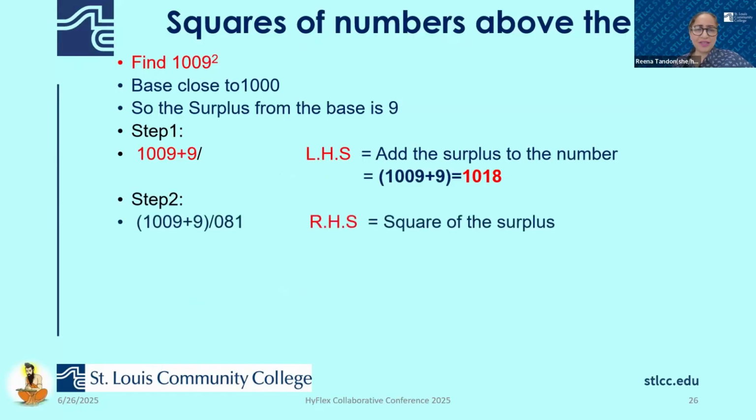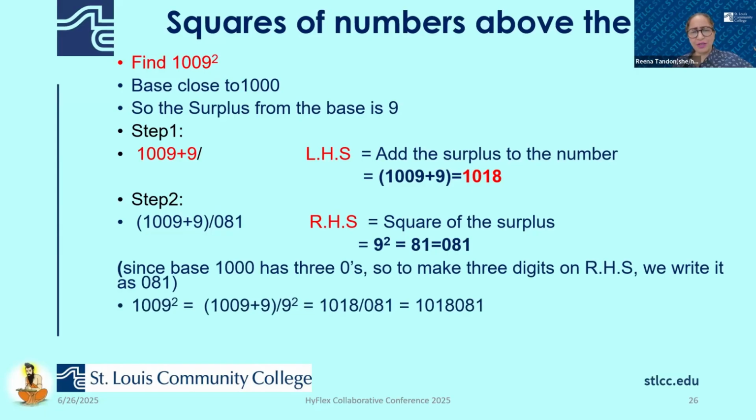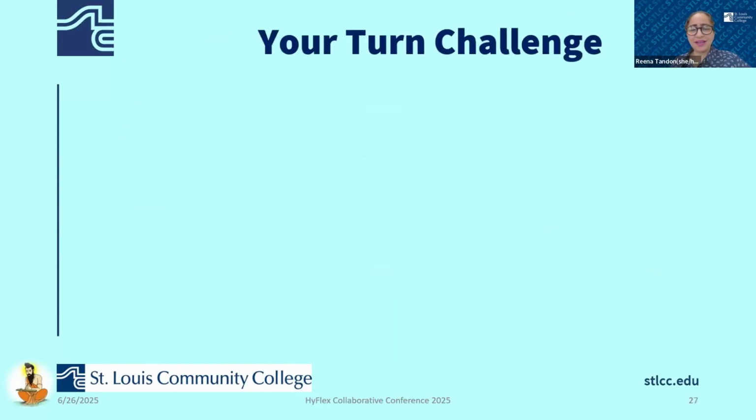So you will get 081 because you have a base of 1000. You can see here my final answer is 1018 followed by 081. I hope you are enjoying these small techniques. These are the Vedic techniques.